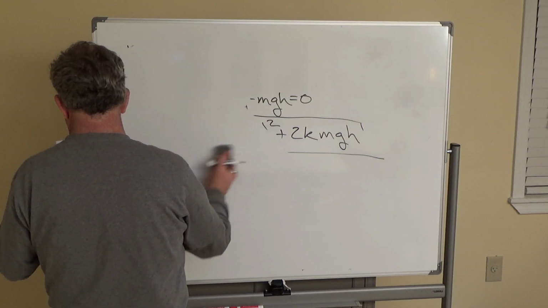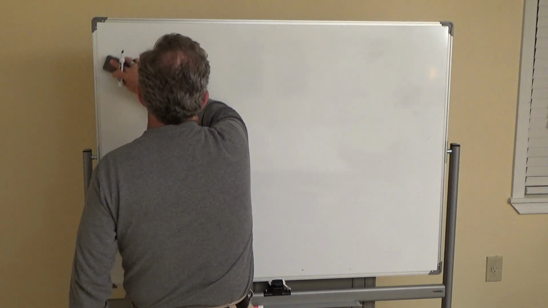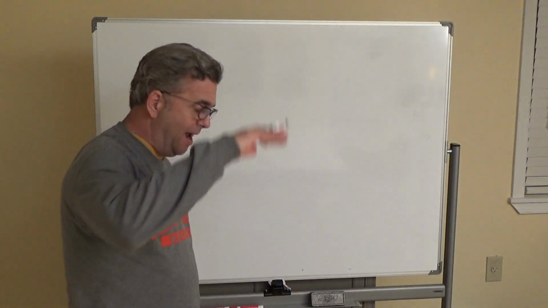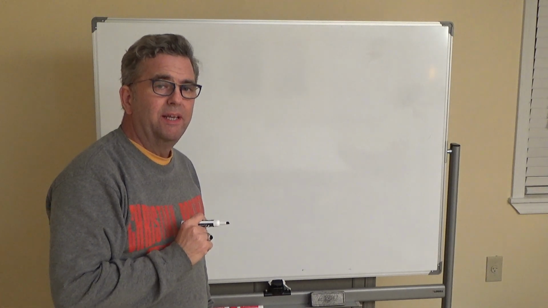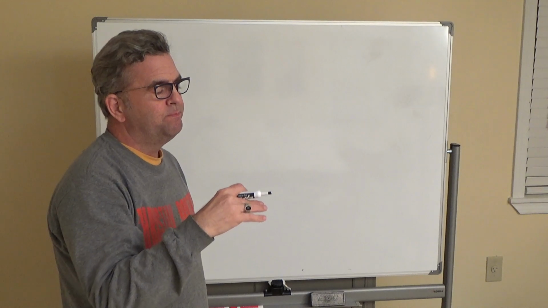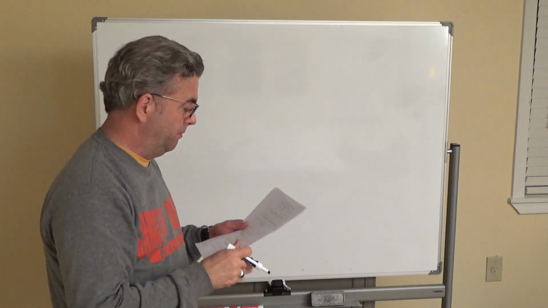Part B. Part B says, well, let's assume that there is some resistive force, like an air drag, that's acting on the object as it falls. And it's kind of unrealistic, but it's acting constantly throughout that whole motion.